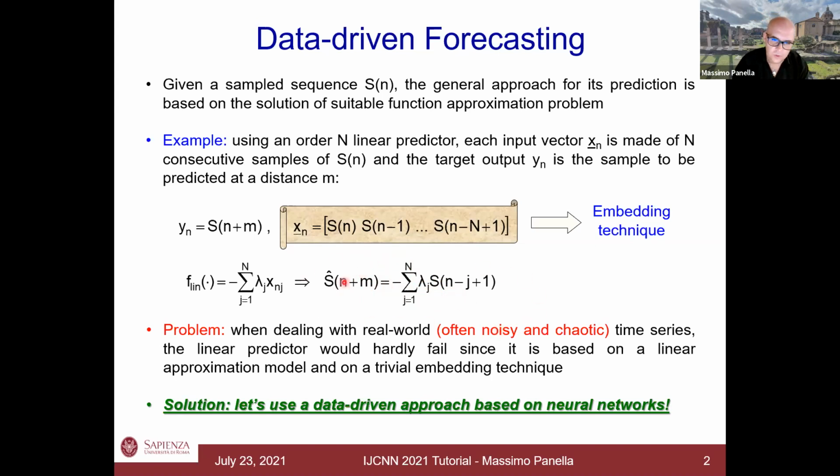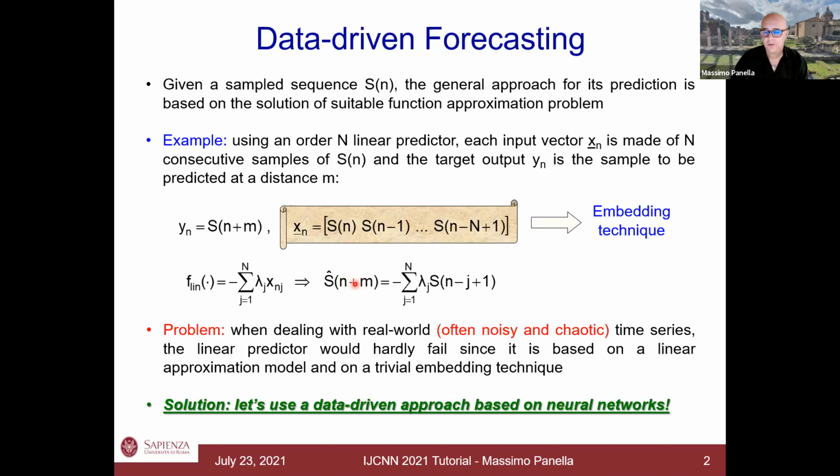But what you are doing implicitly in this case is to use what is called an embedding technique: to embed past samples in a vector that is used to estimate the output. So this is a function in an n-dimensional domain with an output domain which is a scalar value, and estimated.